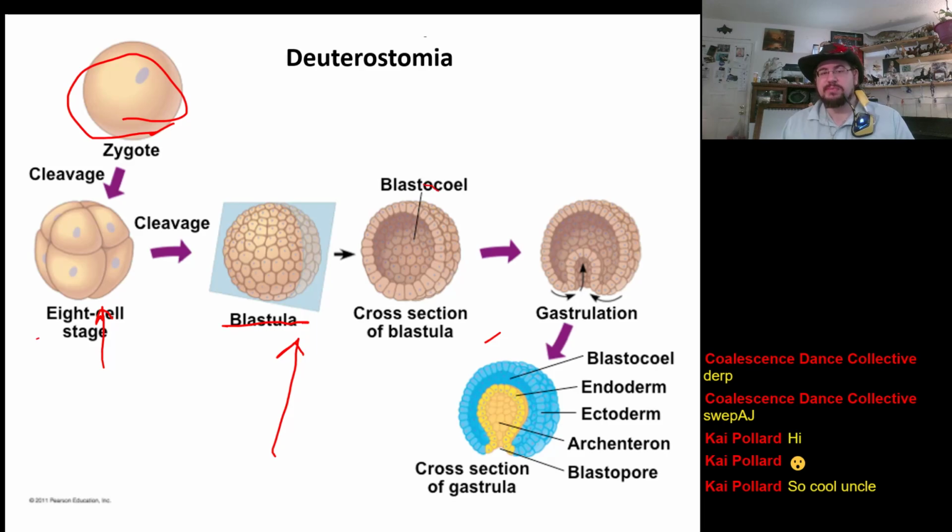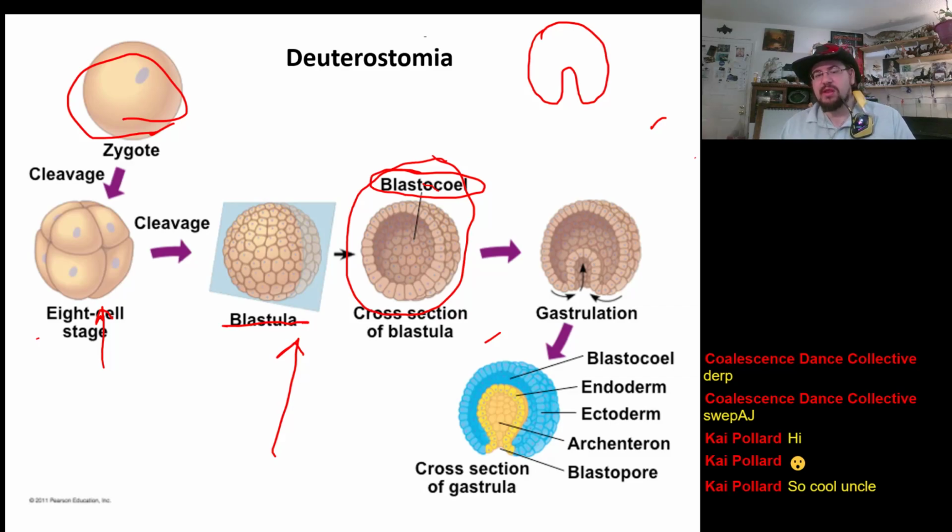The blastula is characterized by that hollow area called a blastocoel. What makes a deuterostome a deuterostome is gastrulation. During embryonic development, the first external thing to appear is the blastopore. That's part of gastrulation, the process by which you'll eventually develop a digestive system.